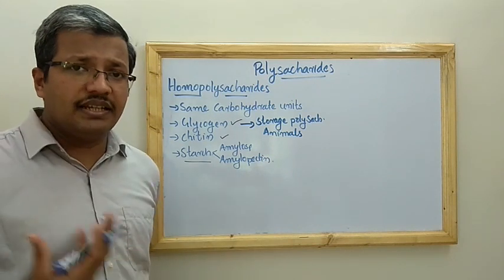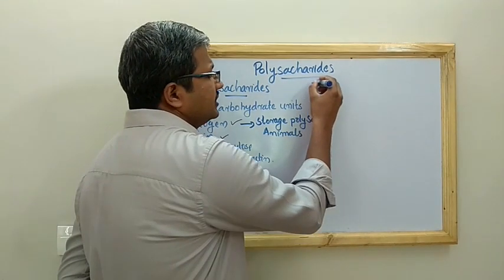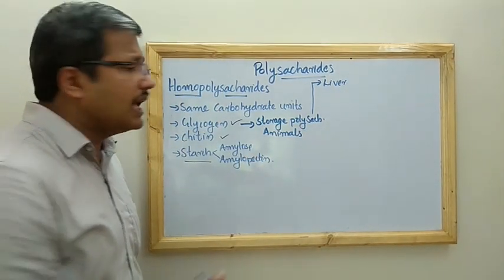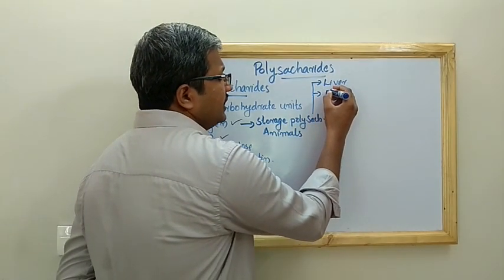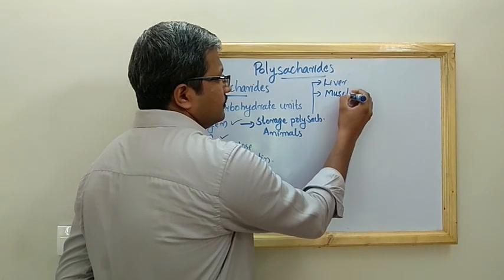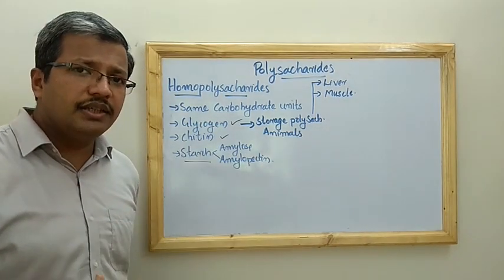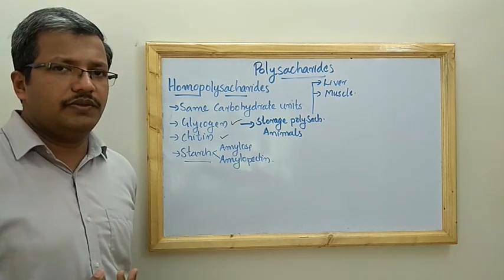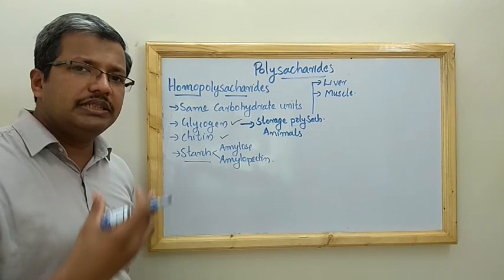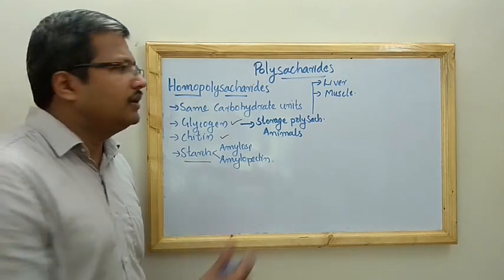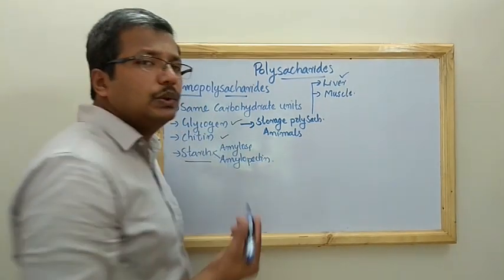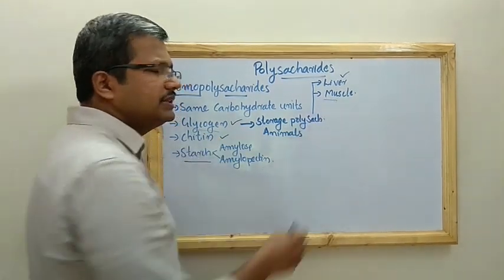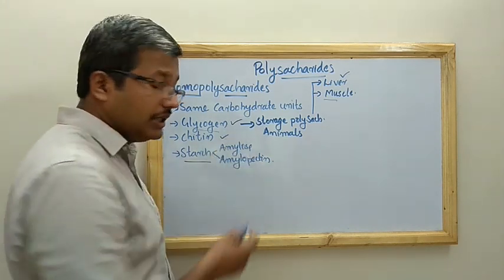In our case, we can see the storage polysaccharide in the liver as liver glycogen, and in the muscle as muscle glycogen. These are the reserve food material for emergency situations. Whenever the glucose in your blood is going down, your liver will release glucose by hydrolysis of glycogen. Your muscle will also release glucose by hydrolysis of glycogen.